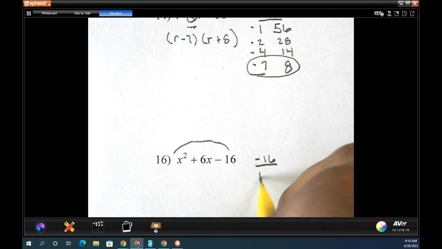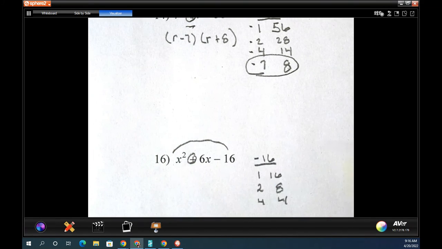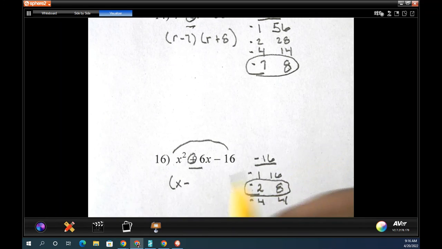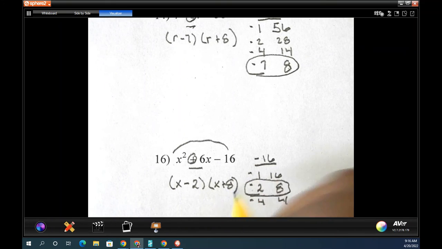You already had the factors, 1 and 16. Don't bring the signs along with them. 2 and 8 and 4 and 4. All right. The larger factors are going to be positive. So when we do our sign check, we have to make the smaller ones negative because that's a negative 16. Negative times a positive is a negative. Now, which two factors add up to 6? Negative 2 and 8. So it's x minus 2 times x plus 8.